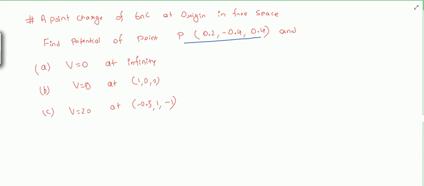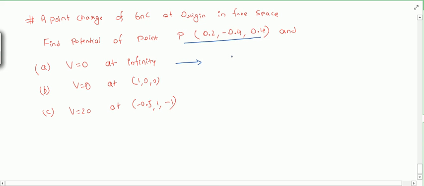So in the first part it is a simple one that I have to find, for V equal to 0 at infinity, Vp. So it is the same formula Q by 4 pi epsilon naught R, and the Q is here 6 nanocoulomb. 1 by 4 pi epsilon naught value is 9.